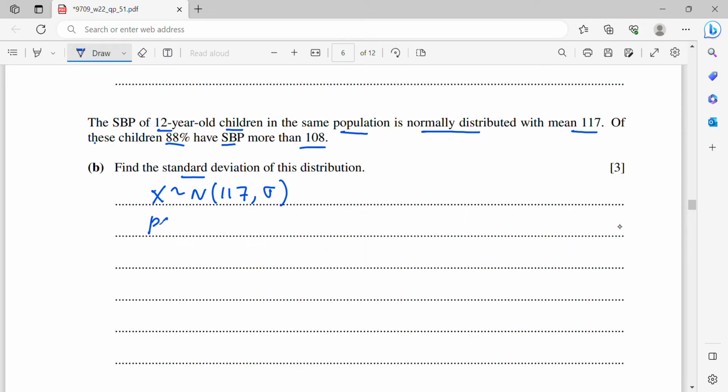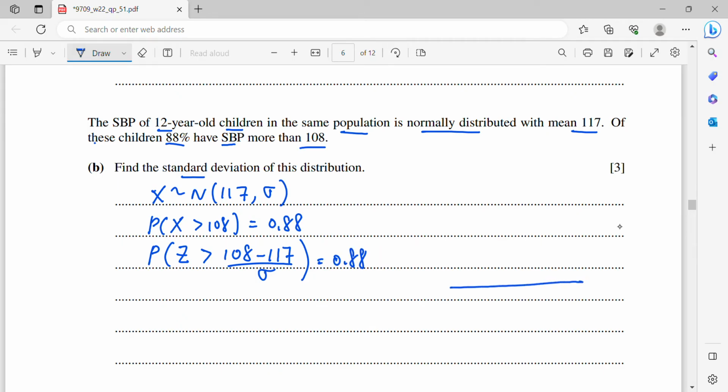It's mentioned that X more than 108 is 88%, so the 88% is basically 0.88. Firstly we need to standardize it. So P(Z more than (108 minus 117) over sigma) is 0.88.